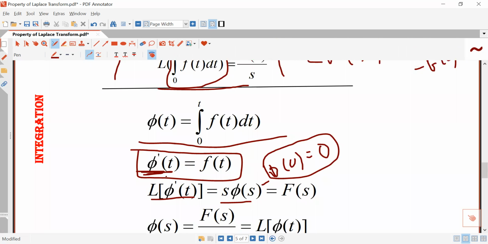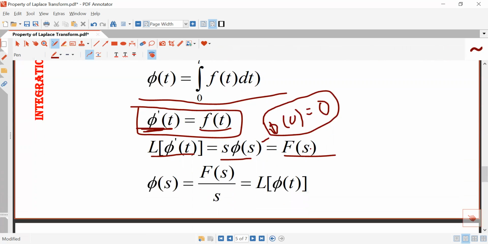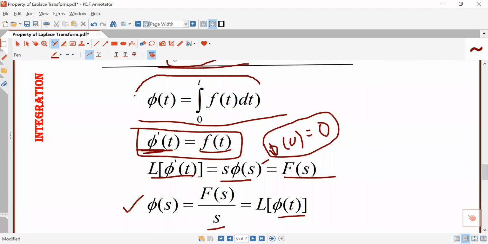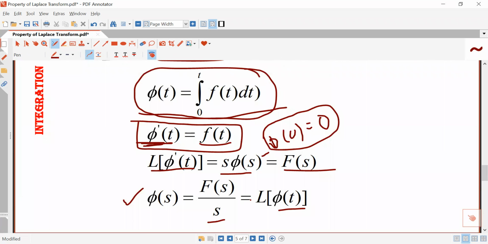And what is phi dash t? It is f(t) basically. So Laplace transform of phi dash t means you are calculating Laplace transform of f(t), which will be equal to F(s) also. So in this way you can get phi(s) equal to F(s) by s, where phi(s) is Laplace transform of phi(t), means Laplace transform of this integration. In this way you can prove this statement.